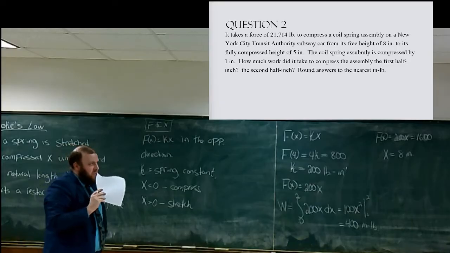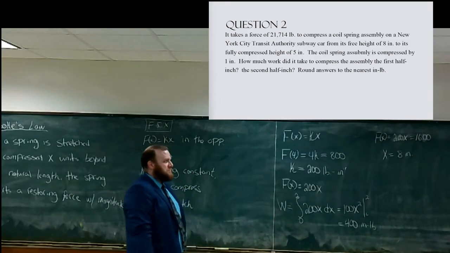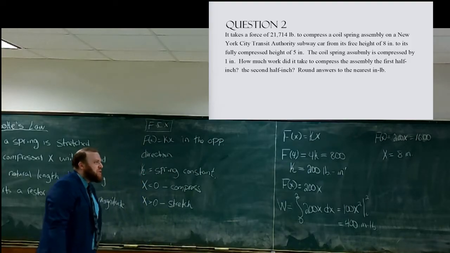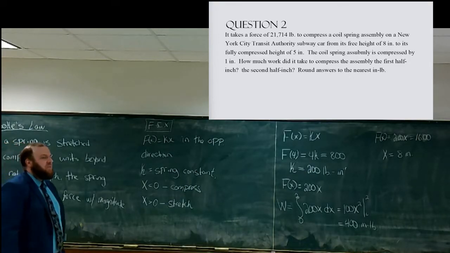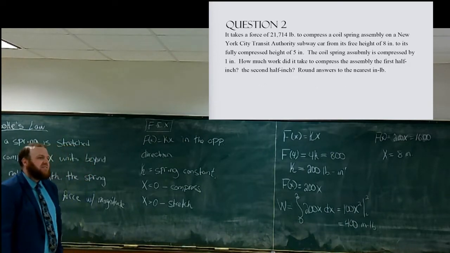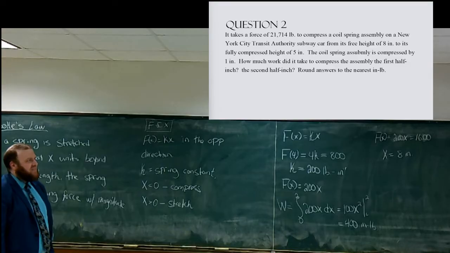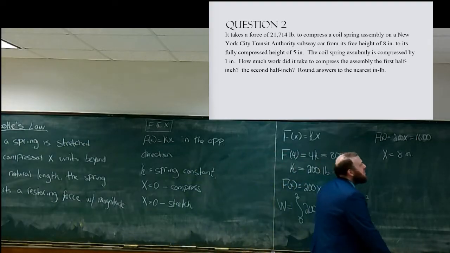So it takes a force of 27,714 pounds to compress a coil spring assembly on a New York City Transit Authority subway car from its free height of 8 inches to its fully compressed height of 5 inches.